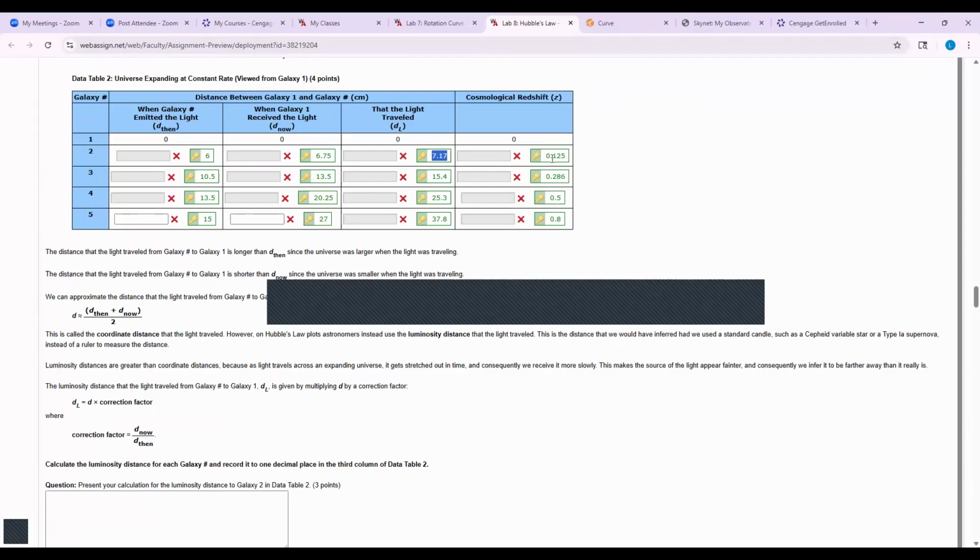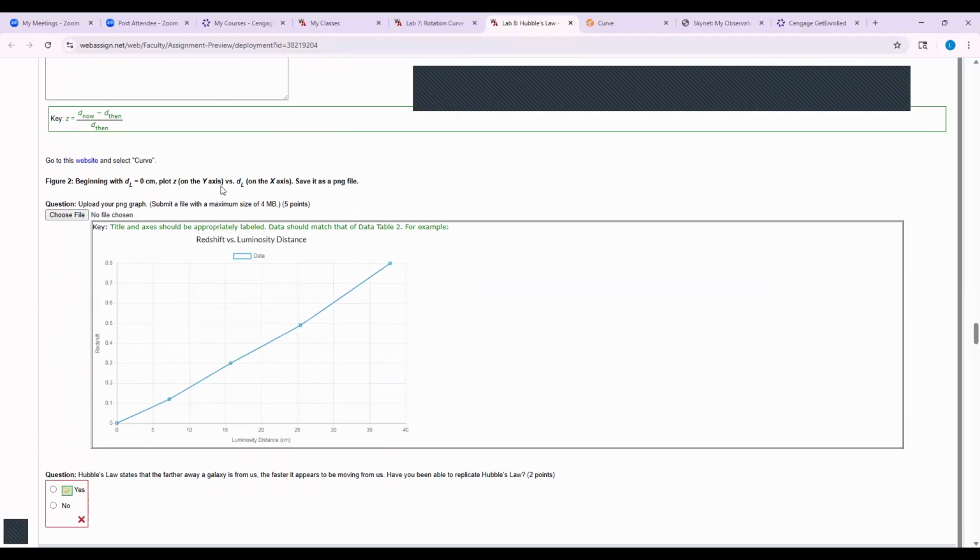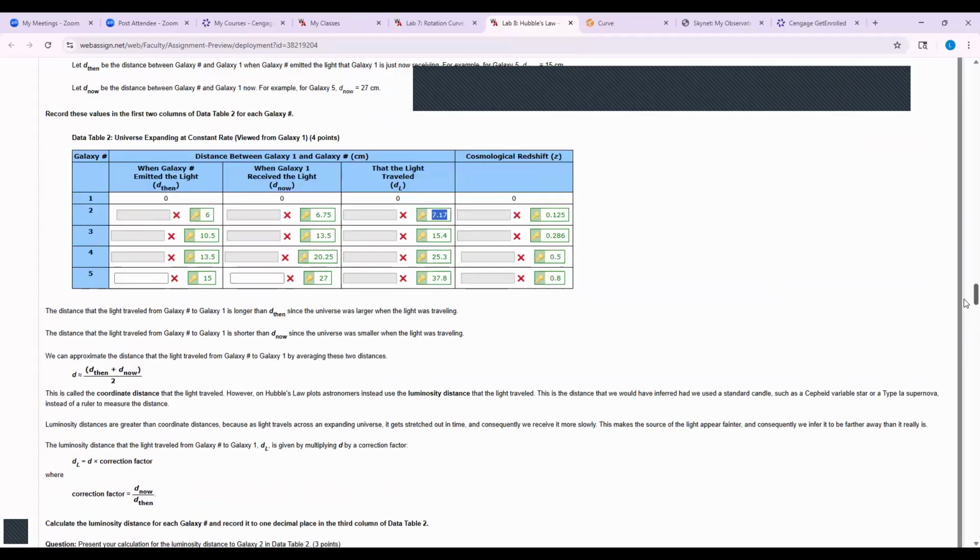These numbers are a sample. You may not get exactly the same, might be a little bit different. Each individual may get different numbers, but that difference is not important. The important part is that when you come to graph this again, in this example you're just graphing the luminosity distance. What is that?